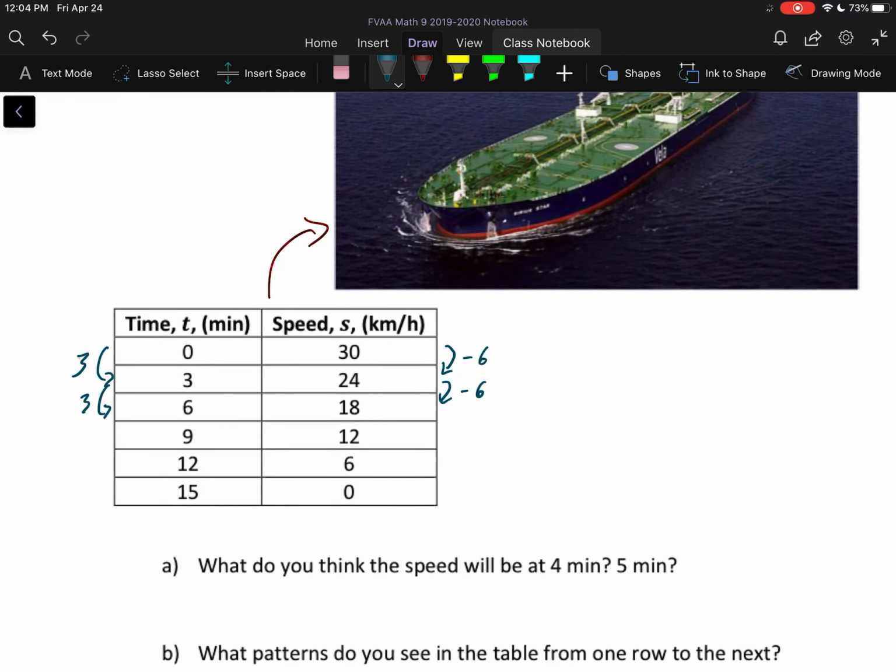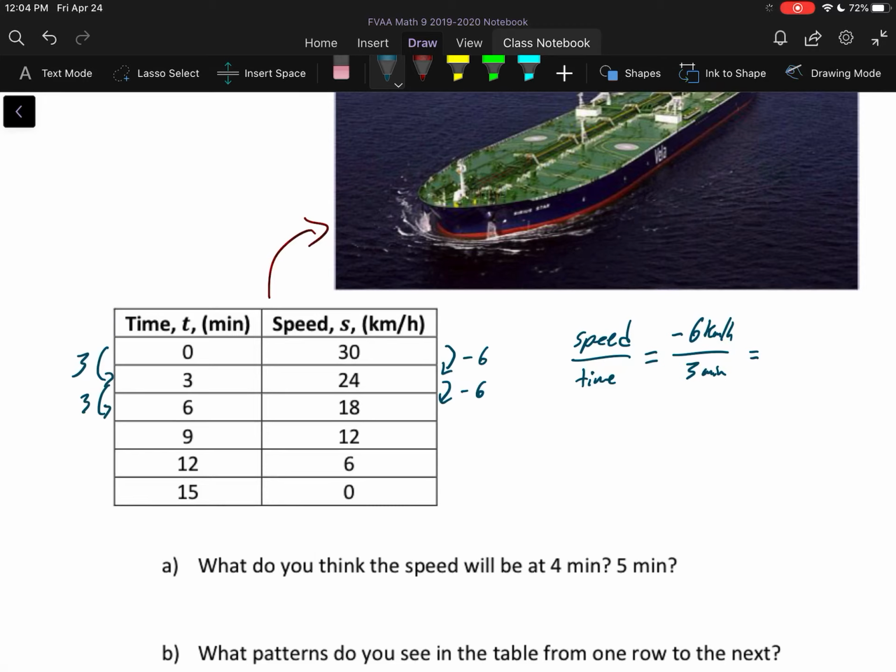So if every 3 minutes the boat reduces its speed, here we want to figure out how much speed it reduces for every 1 minute. We know that it's negative 6 kilometers per hour every 3 minutes.